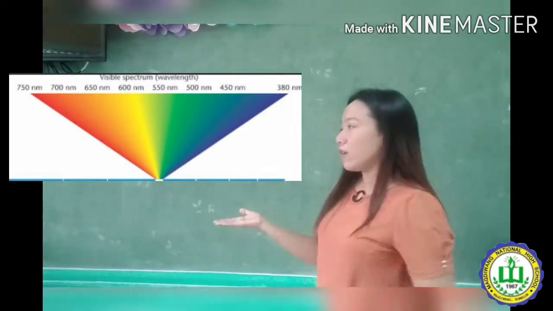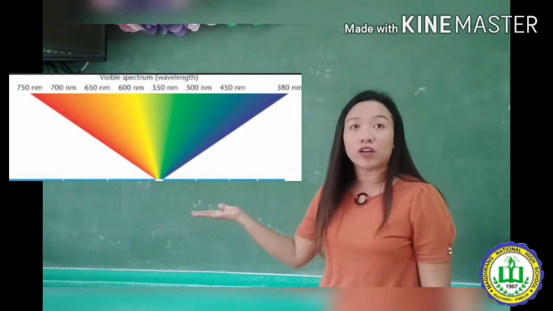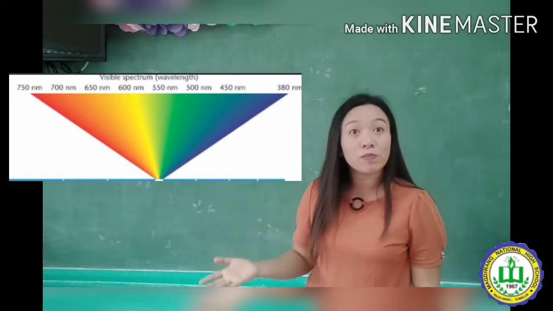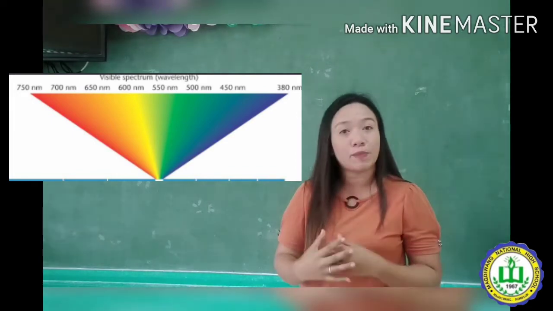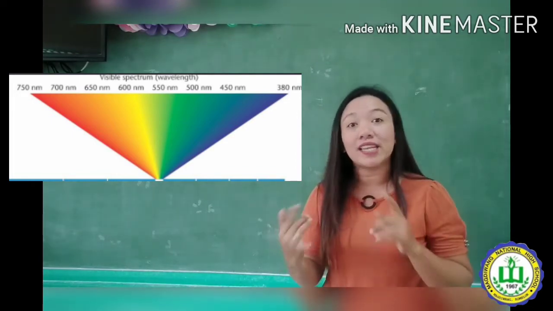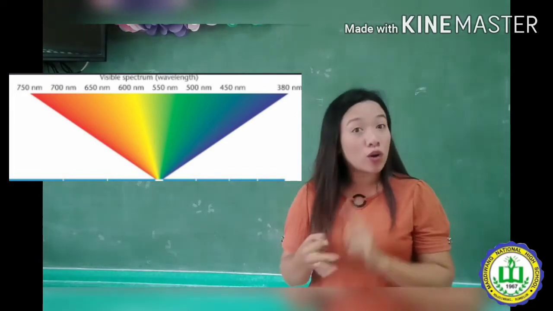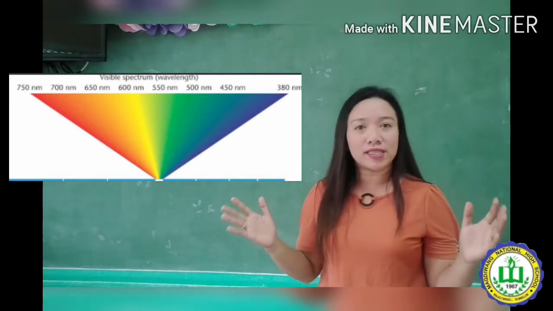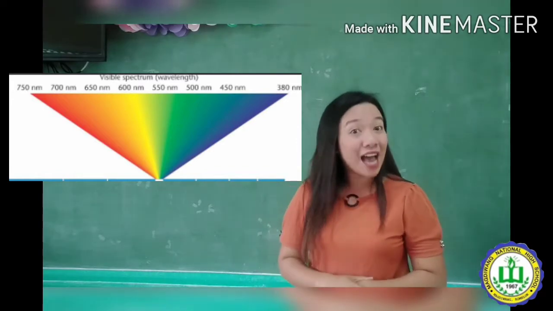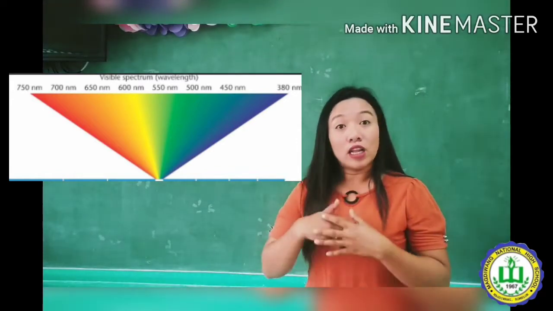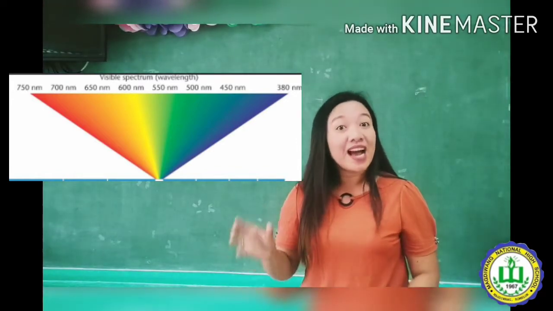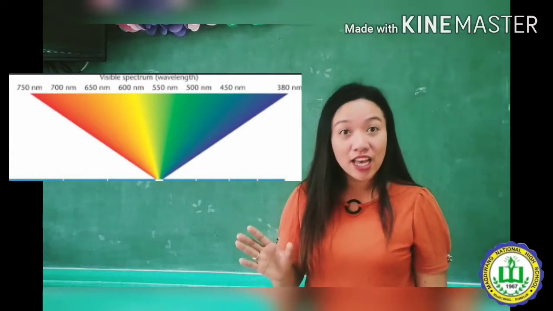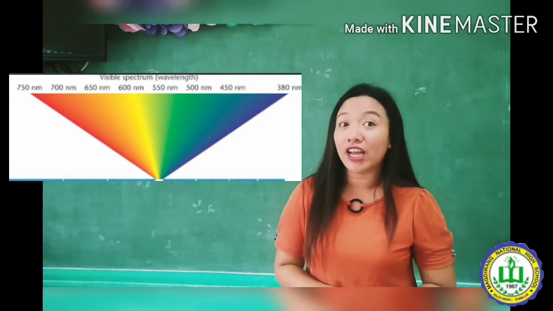So the color of this visible light corresponds to a particular frequency in the spectrum. Iba yung frequency ng red, sa yellow, sa orange, sa green, sa violet, sa indigo. Iba-iba ang kanilang frequency. Always remember that those colors which have a short wavelength have higher frequency. Therefore, they have higher energy.